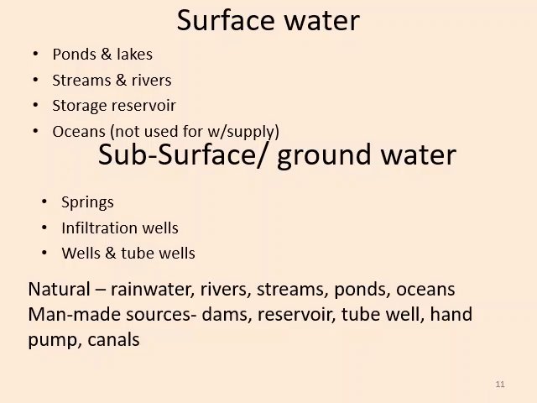And groundwater we can get from springs, infiltration wells, tube wells, maybe shallow, maybe deep. So natural sources are rainwater, river, stream, pond, sea and ocean. And man-made sources of water are dam, reservoir, tube well, hand pump, canals, etc.